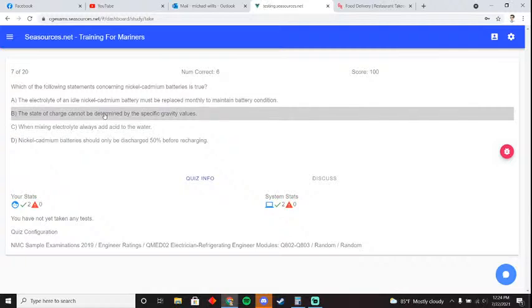So yes, because in acid lead batteries and water cell batteries, you have to take specific gravity readings, and that tells you what state your battery is in for each cell, because each cell of the battery is what holds the electrical charge of that battery. But this is the answer.